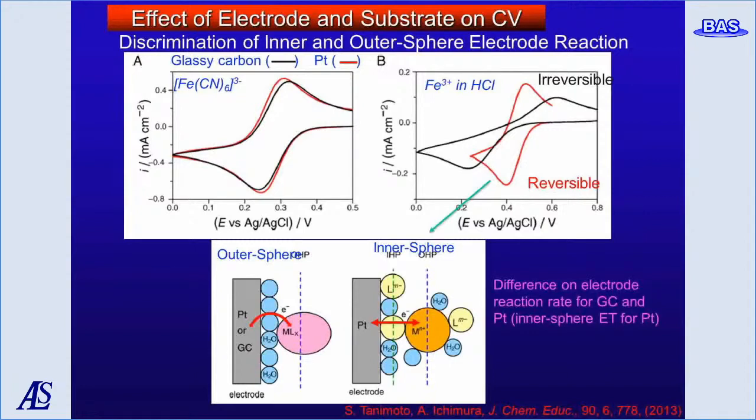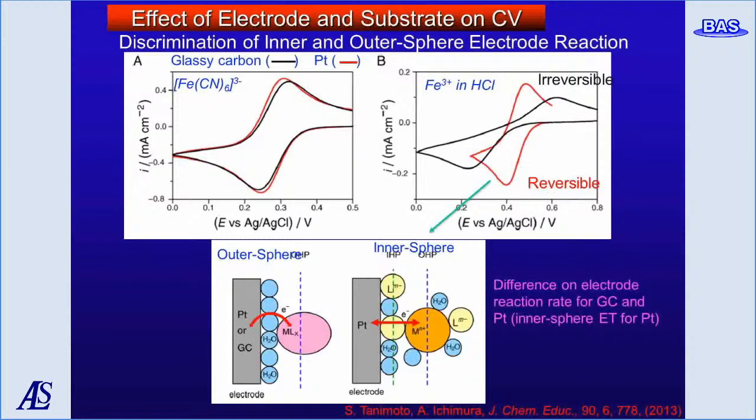However, for the iron-3 reactions in hydrochloric acid solution, glassy carbon shows large peak-to-peak separation and almost irreversible waves. But on the platinum electrode, typical reversible waves, shown in the light red line, are observed.